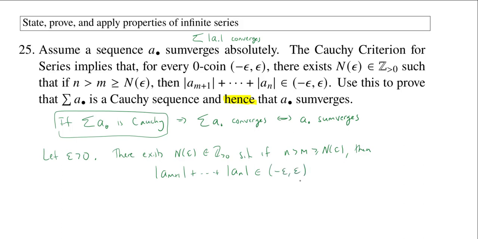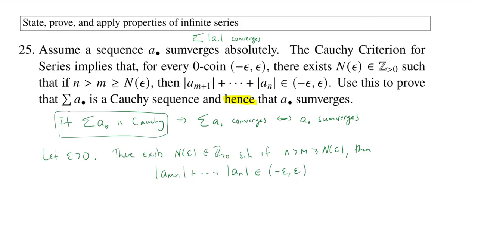Of course, this is equivalent to saying that the difference between this number and 0 is less than epsilon, or that the absolute value of this sum is less than epsilon. Of course, that absolute value doesn't do a whole lot. Okay, now, what is it we need?